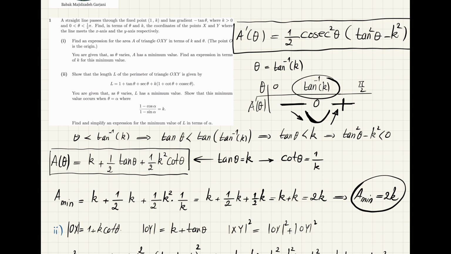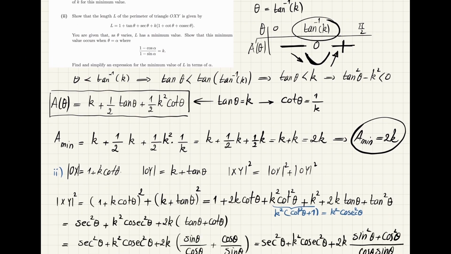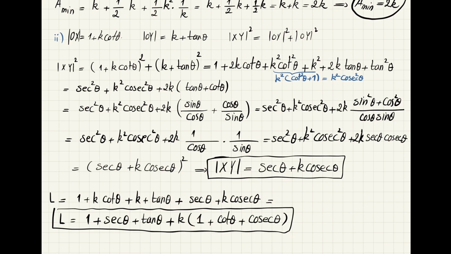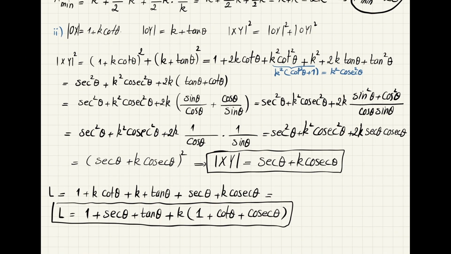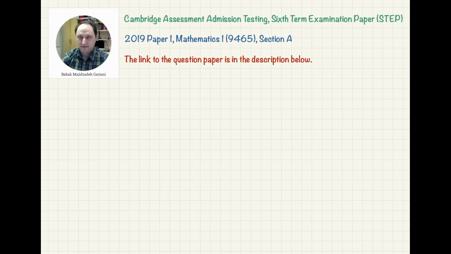Okay? This is another part of the problem. So let us take this one for granted this time, that the function has a minimum value. So it means that the derivative of my function calculated at alpha is supposed to be equal to 0.